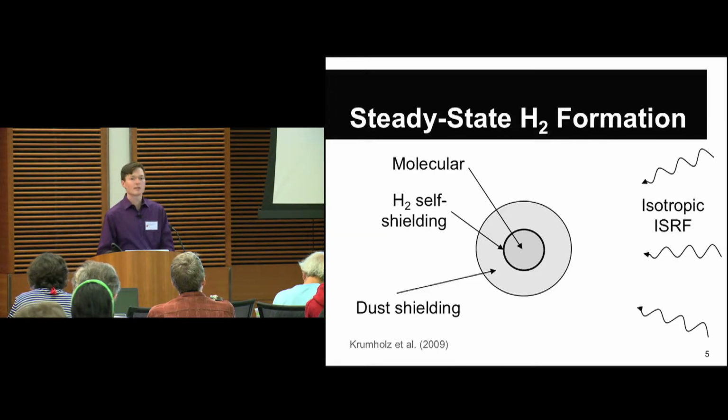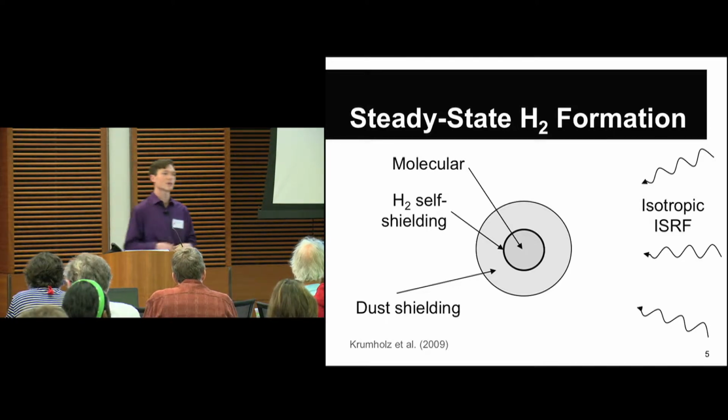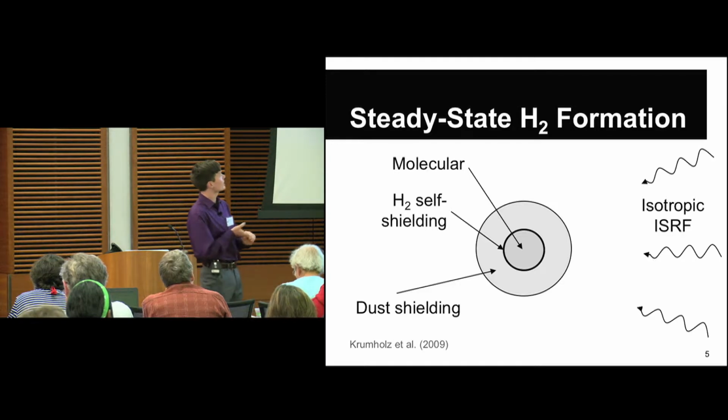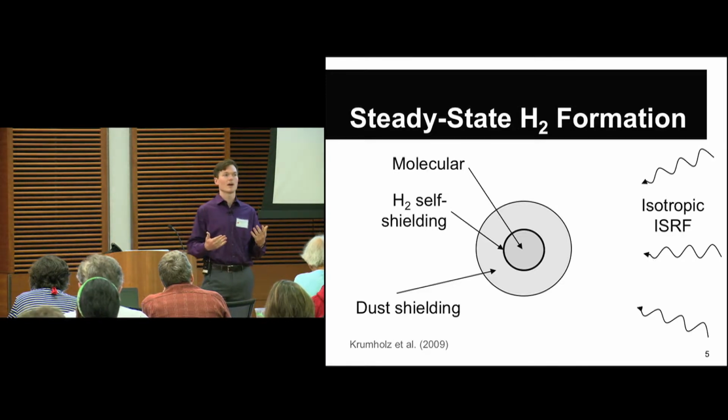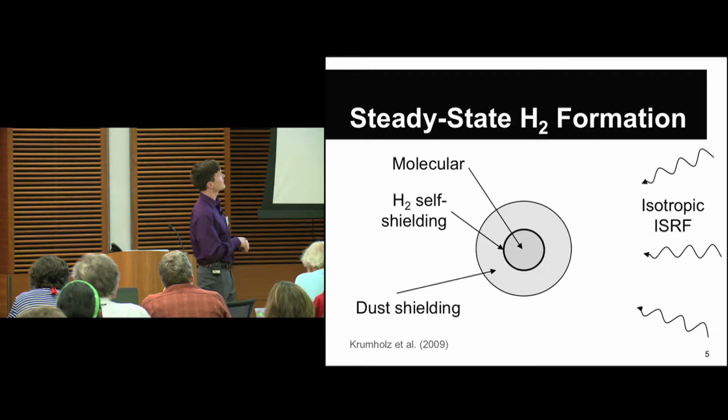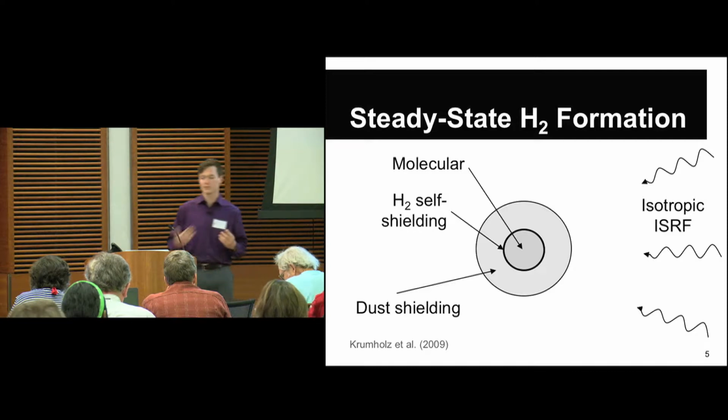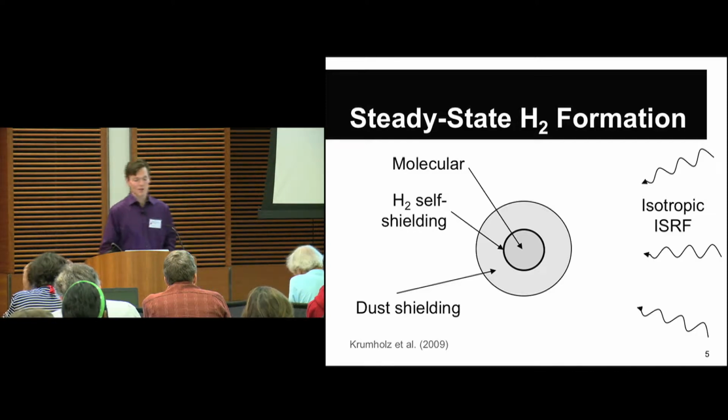The molecular hydrogen in the core is shielded by dust, which is associated with the cold neutral medium envelope in this model. Once there's enough dust shielding of the interstellar radiation field, H2 will begin forming and begin self-shielding.